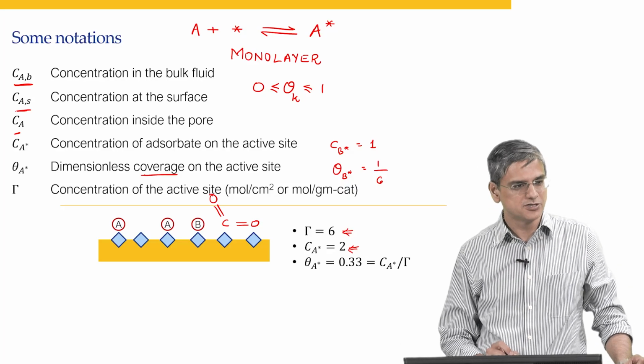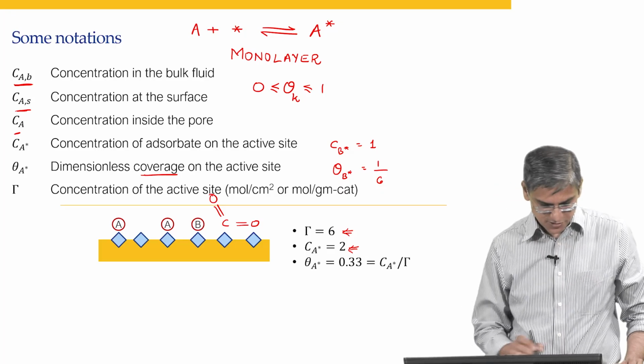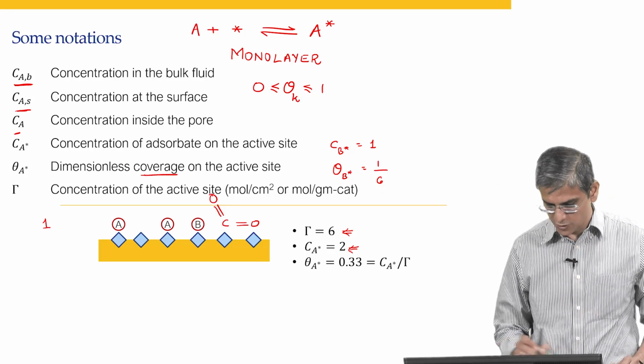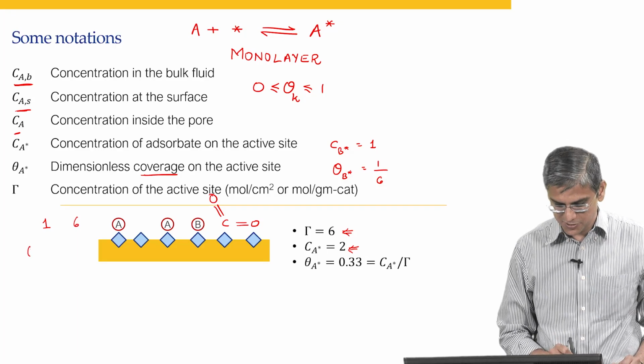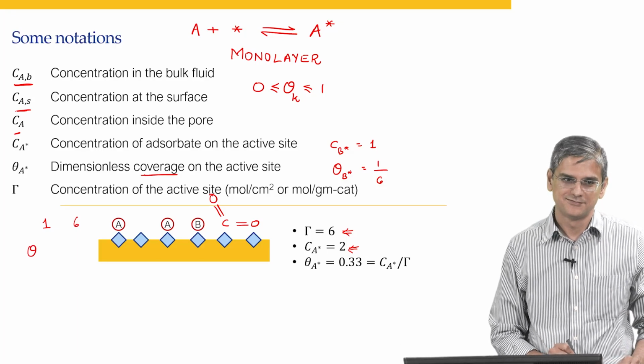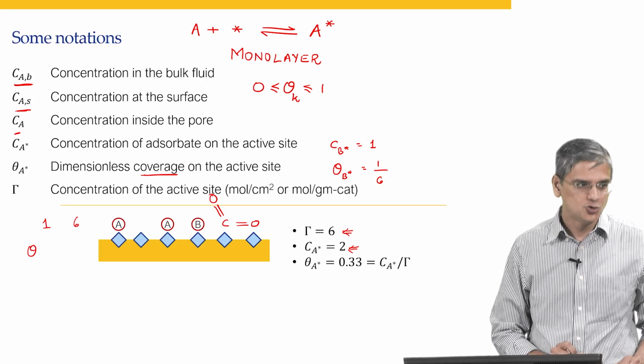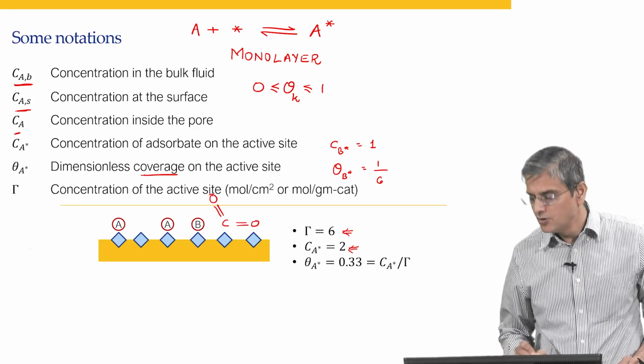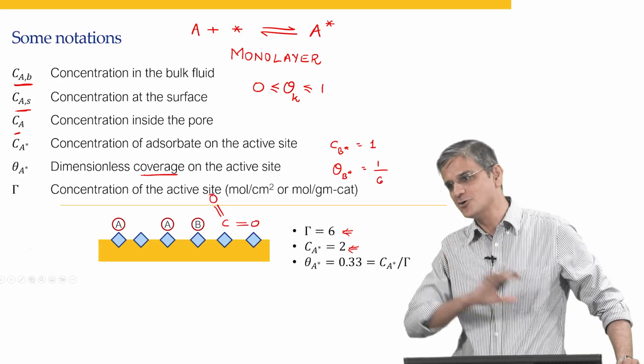If only one molecule is adsorbed, CO2 concentration is 1. Your gamma is 6, but what's your theta? 2 by 6.